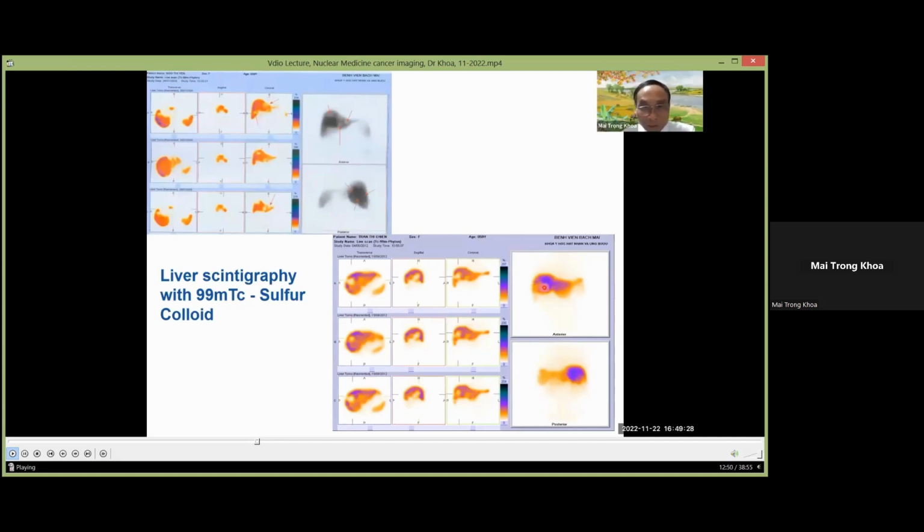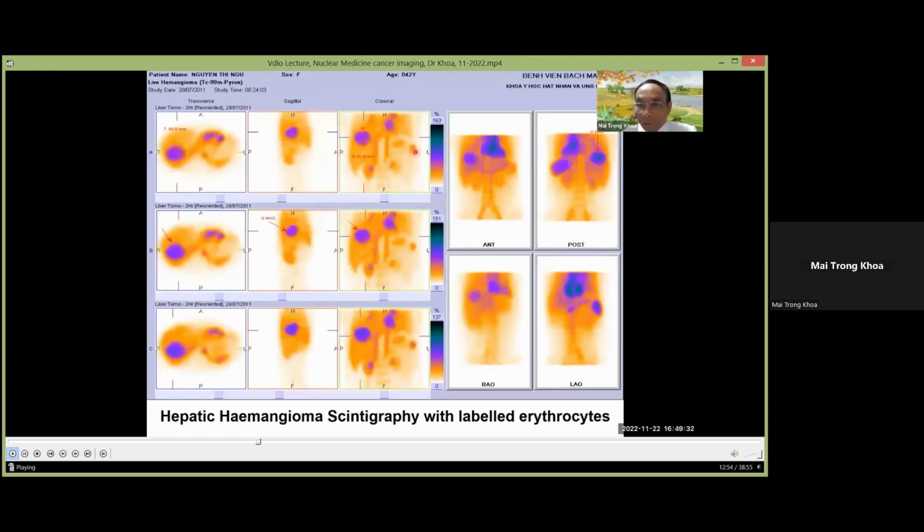You can see here. And this is the image of a liver scan with sulfur colloid labeled 99mTc. You can see here. And this is a scintigraphy image of hepatic hemangioma with labeled erythrocytes. You can see here, very clear.